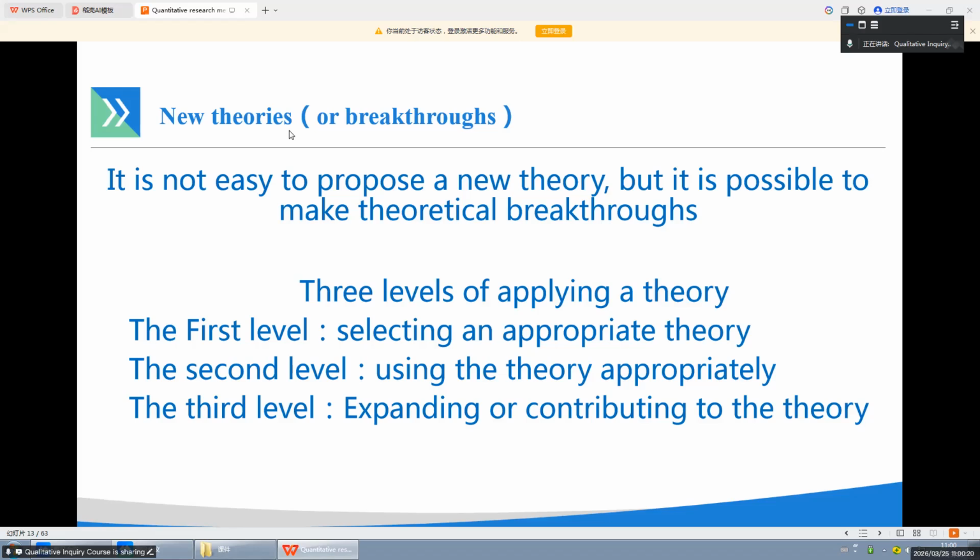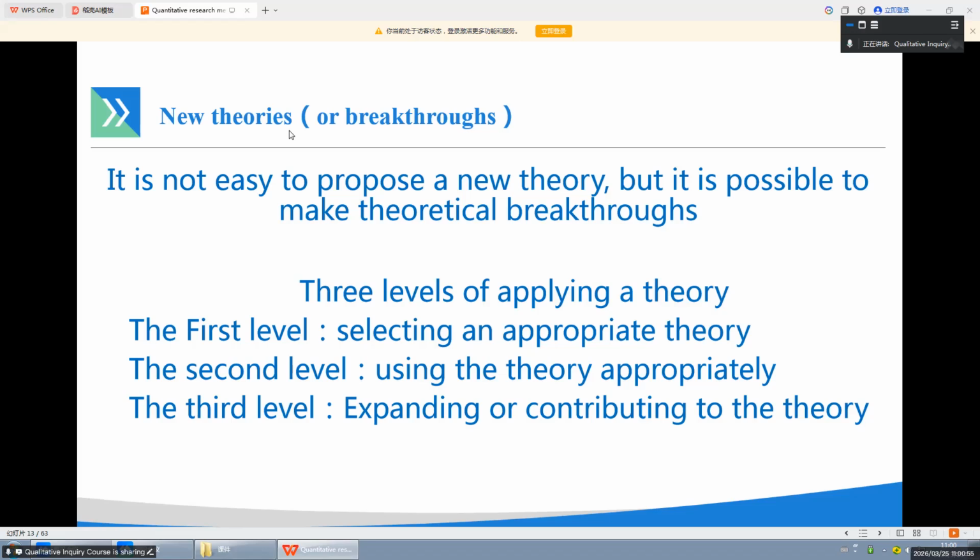That is the problem. But if necessary, we can combine, for example, two theories into one conceptual framework of your own. That could be a good way. Sometimes it's necessary.